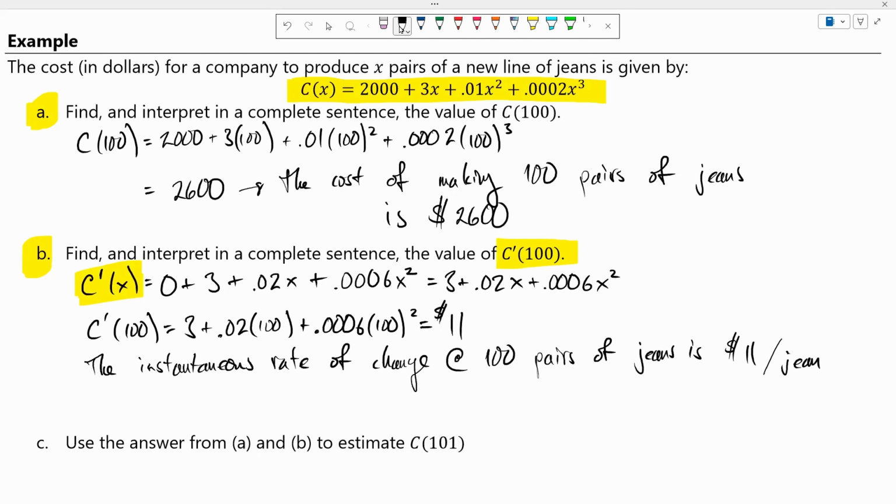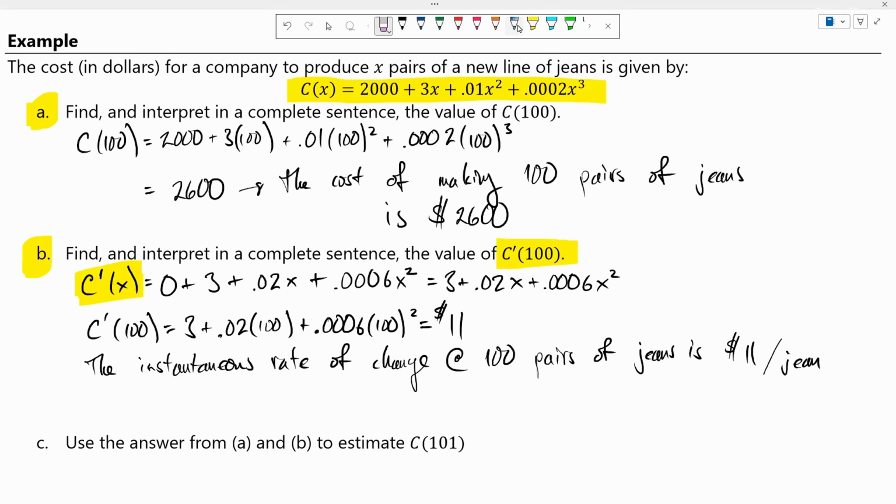You see what I mean by instantaneous rate of change? It's not limited to positions and accelerations and velocities, right? We can use that idea of instantaneous rate of change in any context that we want, given that we're using the derivative to describe that instantaneous rate of change. Got it? Whew.